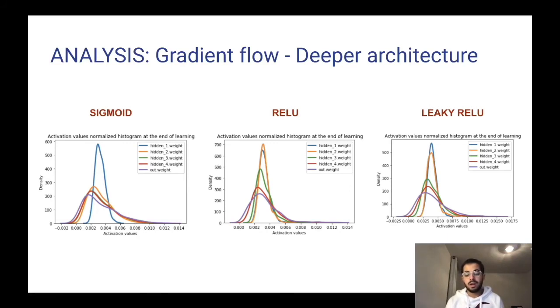Whereas for the ReLU and leaky ReLU, we can see that the gradient is gradually diminishing, so it's not as fast as the sigmoid function, and that's where we can clearly see that there is a problem of vanishing gradient when using the sigmoid, contrary to using ReLU and leaky ReLU.